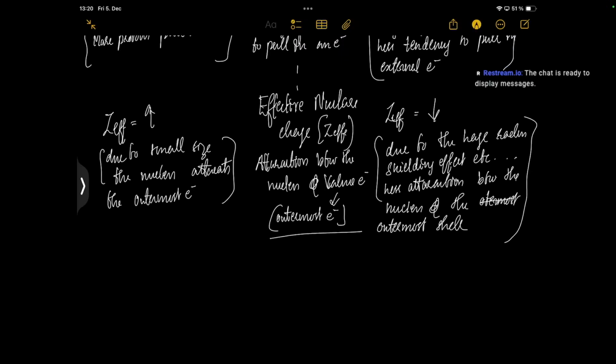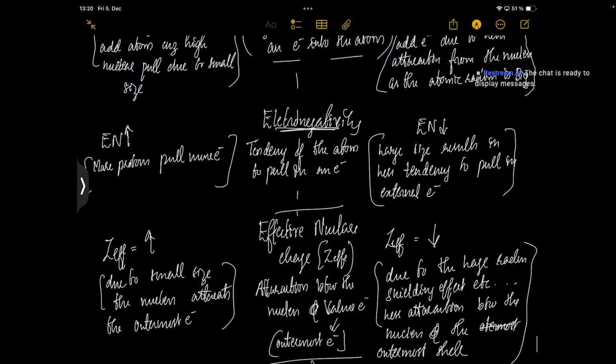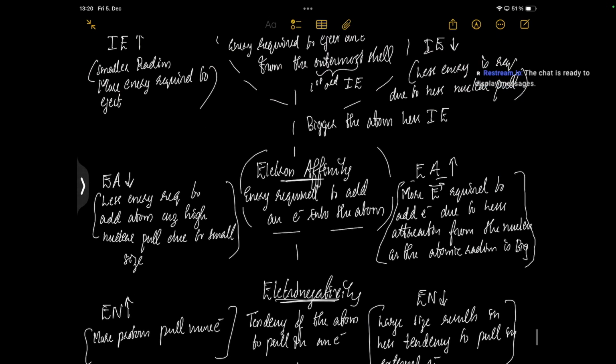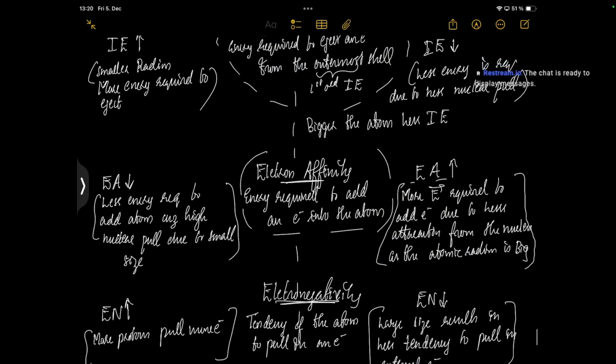Now, these are just common trends. There are still a lot of exceptions for these, especially when it comes to electron affinity and F block. Lot of exceptions with F block.